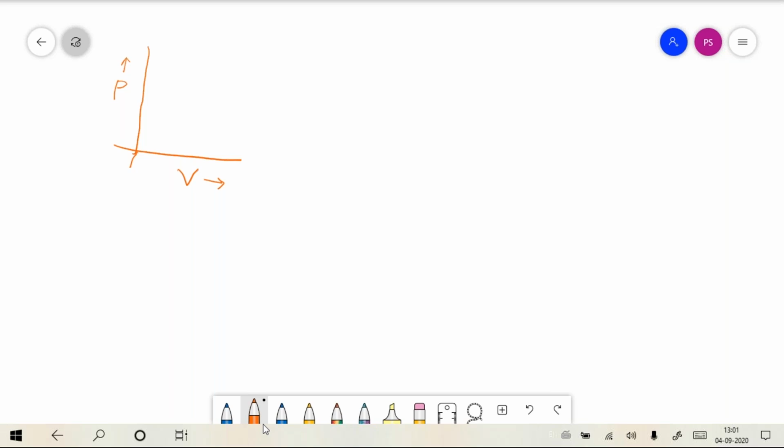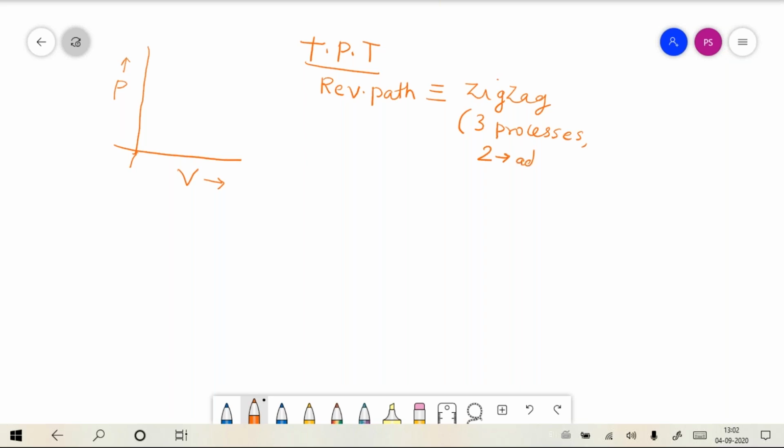So what I want to prove now is, what is to be proved? That a reversible path is equivalent to a zigzag path, comprising of three processes, of which two are adiabatics and one is isotherm.